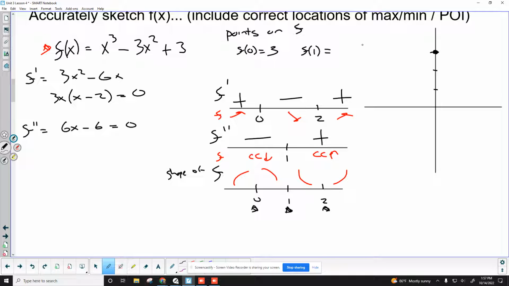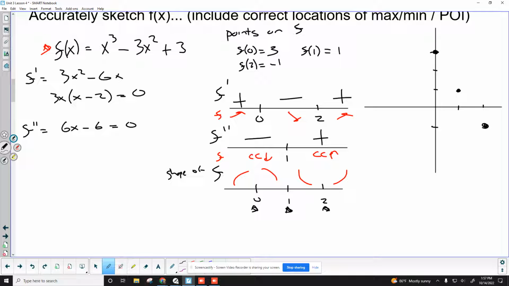If I plug in 1, I get 1. If I plug in 2, I get 8 minus 12 plus 3. Negative 4 plus 3 is negative 1. Now, these 3 points are like lined up to be connected in a line.